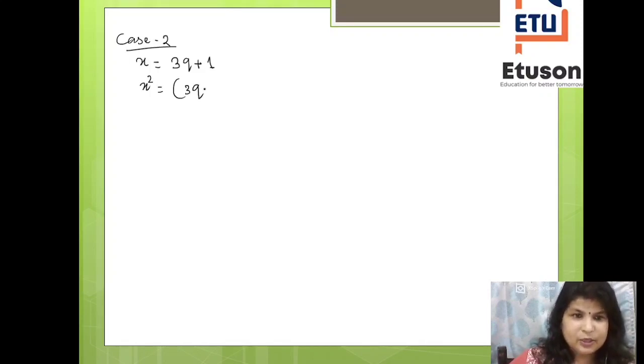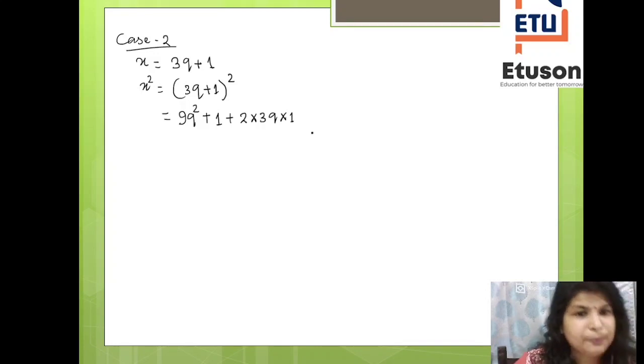Correct? So now let us go to the second case. In the second case, what's the value of your x? x is equal to 3q plus 1. So this is your case 2. Now square both sides. You have x square equal to 3q plus 1 whole square, that is equal to 9q square plus 1 plus 2 into 3q into 1, using a square plus b square plus 2ab.